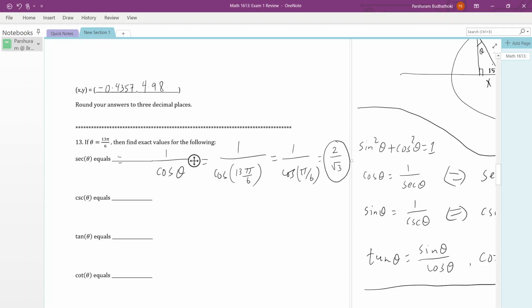By doing the same thing, using the formula cosecant theta is 1 over sine theta, this is 1 over sine 13 pi over 6. I just use the calculator, and the value it gives me is 2.